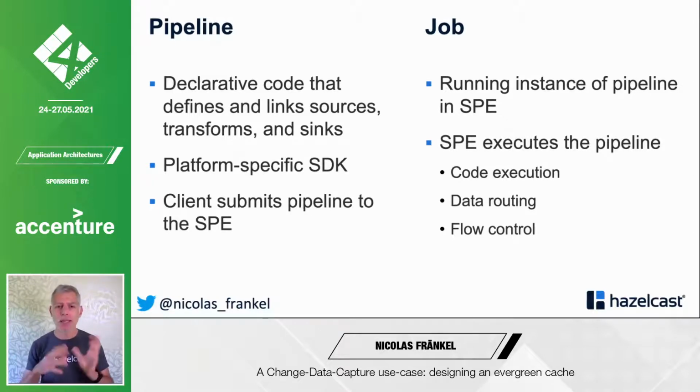And when you are ready, you will just package it, or whatever, and send this code to the cluster. Then the cluster will receive it, and it's up to the cluster to send it to the different nodes so that it becomes a job. And it knows about the topology, so it can send it to the nodes it knows about.